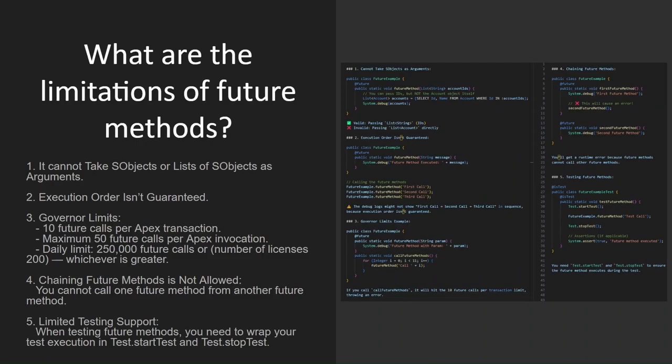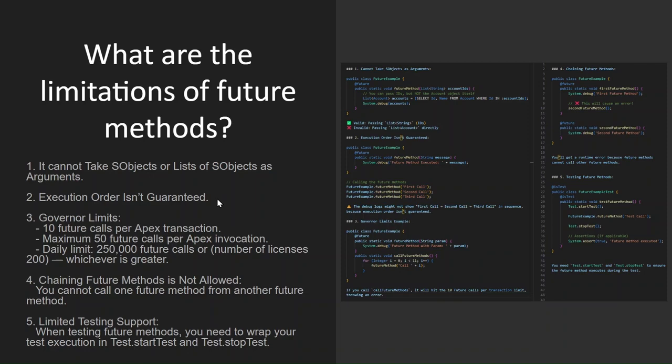So we have this: what are the limitations of future methods? It cannot take an SObject or list of SObjects as an argument, and execution order is not guaranteed. So the order in which you have inserted the jobs will not be the same as the order of execution of the future method logic.